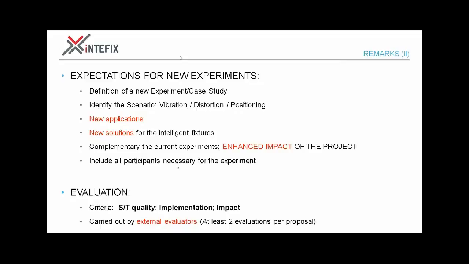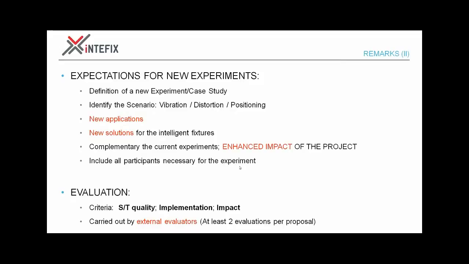And well, regarding the experiments, this will include all participants, all partners necessary for the development of the experiments. I mean, if you need some kind of sensor or actuators, you should check for the right partners able to supply or integrate this kind of systems.